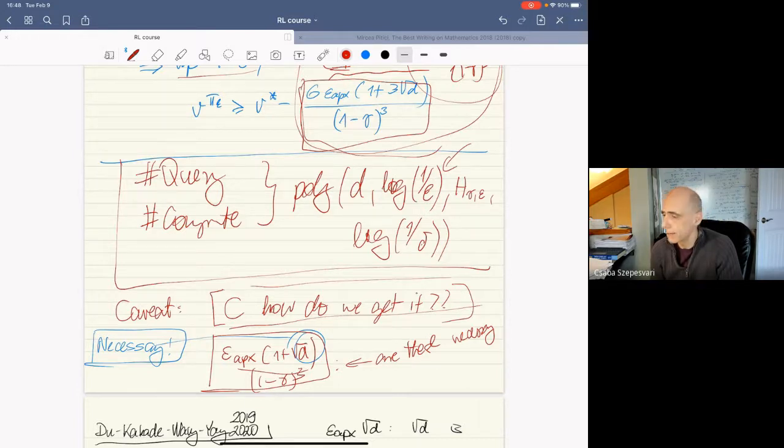So that's a big reality check for anyone hoping that function approximation, let's say linear function approximation, can do miracles. Well, it can do miracles up to some degree, right? If the square root blow-up of the approximation error is not allowed, then even under the most favorable conditions, no algorithm can avoid exponential query complexity.